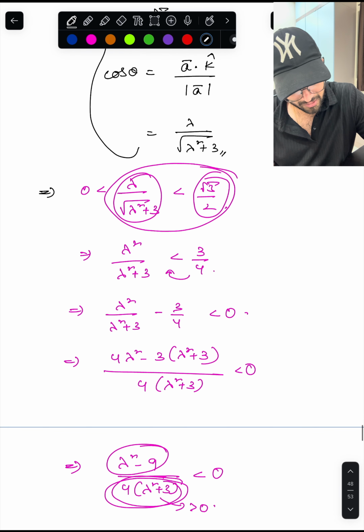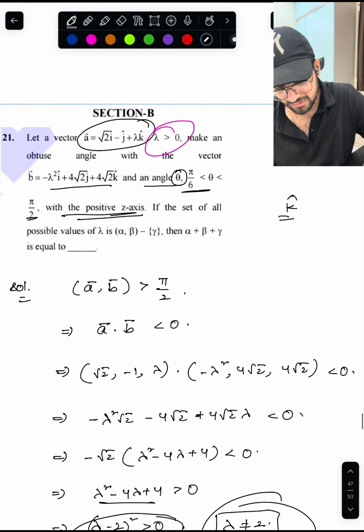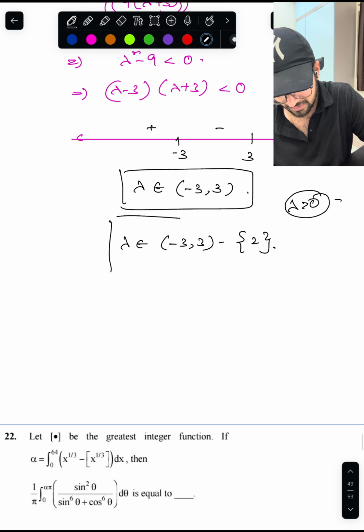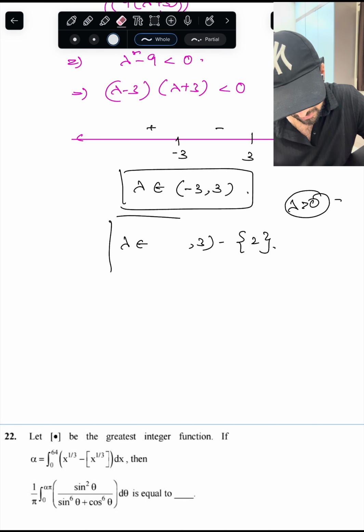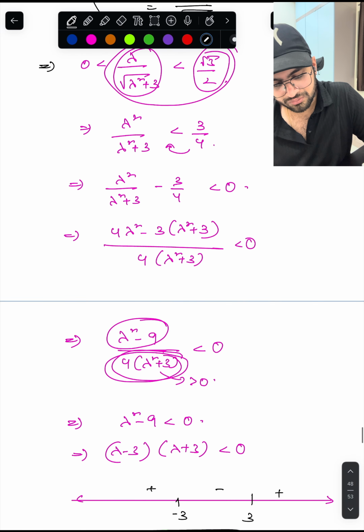And lambda is also positive, right? Lambda greater than 0 we need to take here because it is given lambda greater than 0. So that means the final answer is not this. 0 to 3 you need to take. As it is positive, open interval 0 to 3 minus 2.